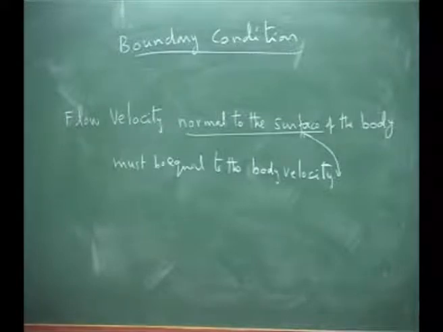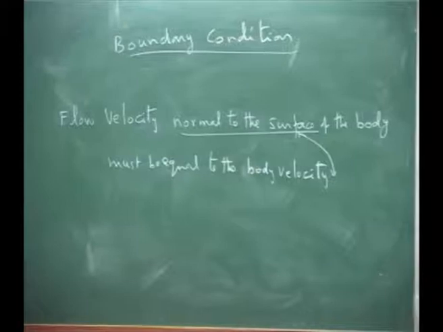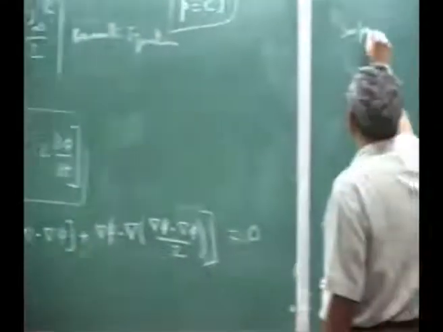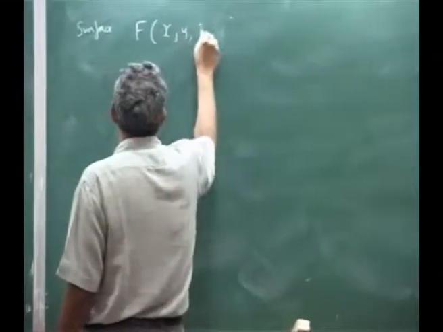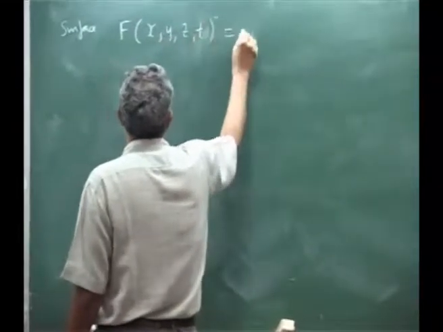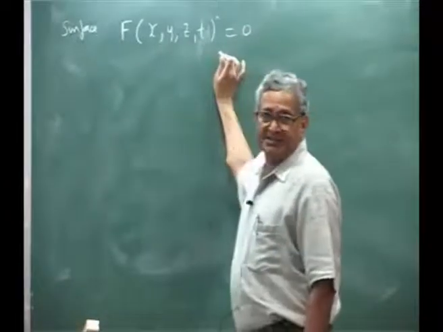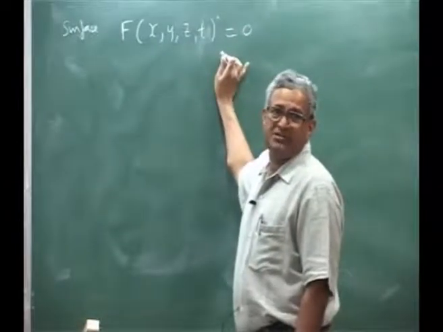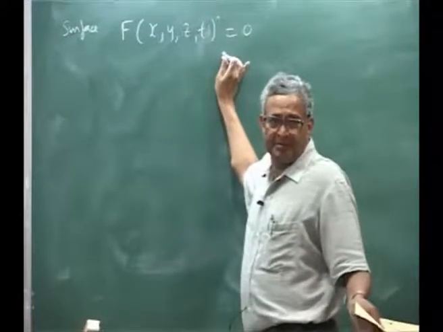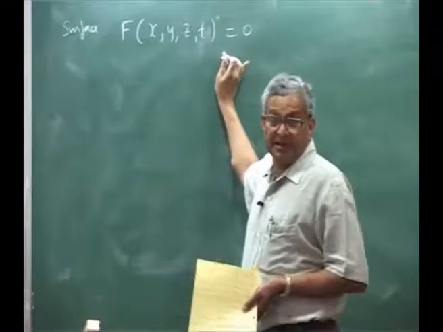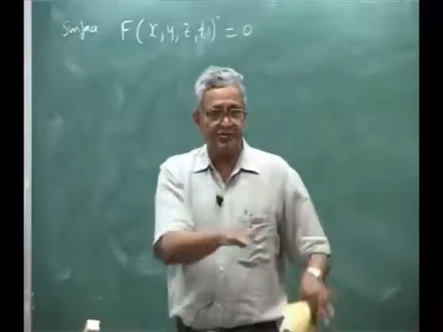Okay, the component of velocity normal to the surface. That is what you will do. Okay. Now the surface of any body is described by, you say f of x comma y comma z comma t. At time t, this is the equation of the surface of the body, which can be the wing, anything, because it is a three-dimensional body with respect to some coordinate system.